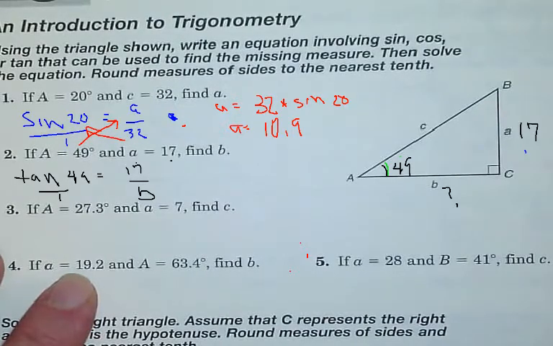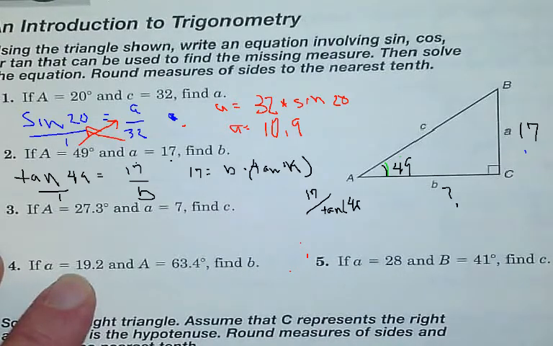So 1 times 17 is 17, and B times tangent would be B times the tangent of 49. Now this is a little decimal, right? So all I have to do is do 17 divided by the tangent of 49. And we'll be done. Yay!